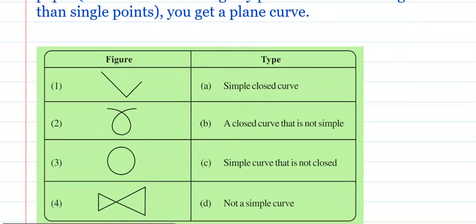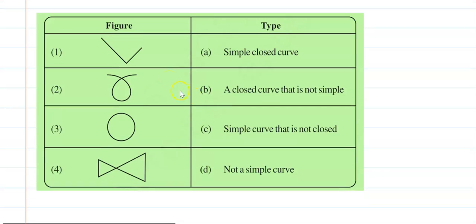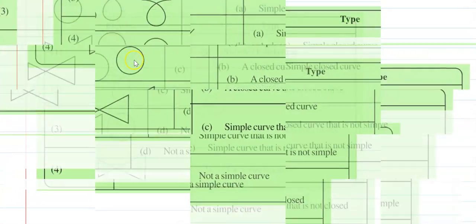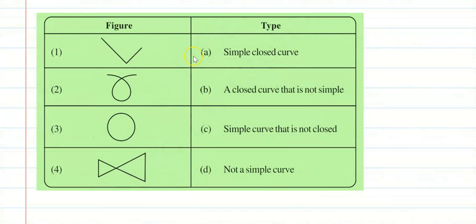Now the next, see some figures and their types. If you observe this figure and the types: a simple curve that is not closed, a closed curve that is not simple, and a curve that is neither closed nor simple.